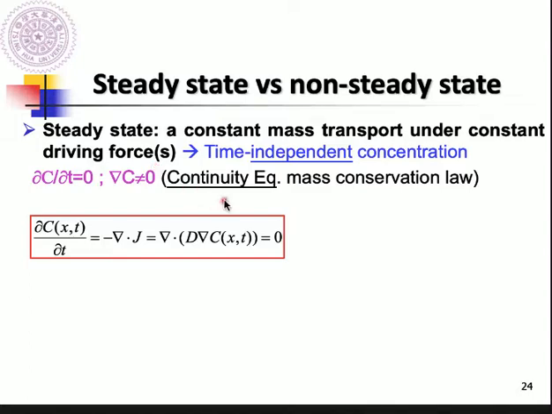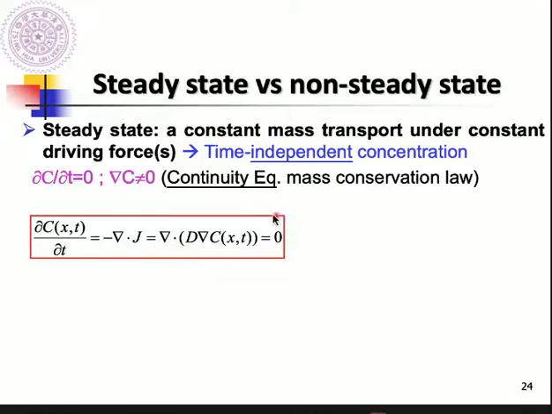So based on the continuity equation, you can formulate it like this: partial C partial t equals negative divergence of the flux. And based on Fick's first law, the flux J equals minus diffusivity times the concentration gradient. So minus becomes positive, and you get this one. And because it is steady state, the concentration does not change with time, so you get 0 here.